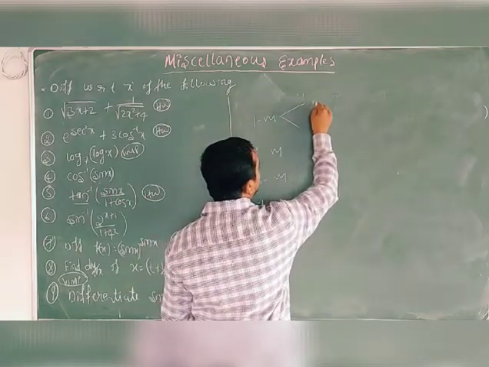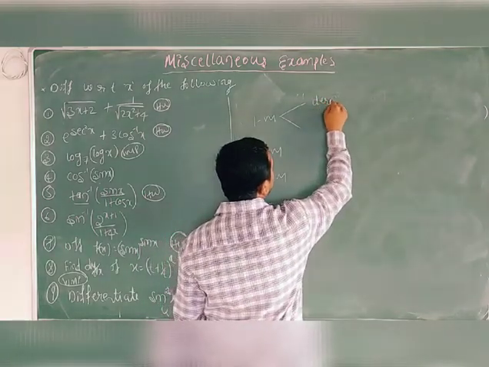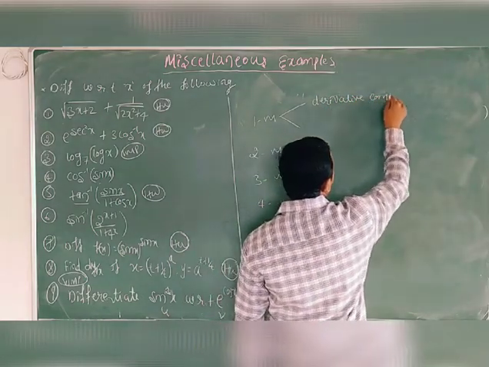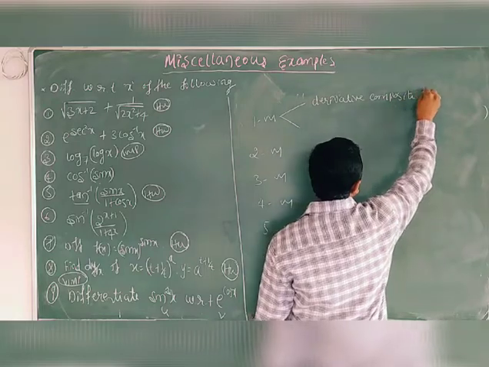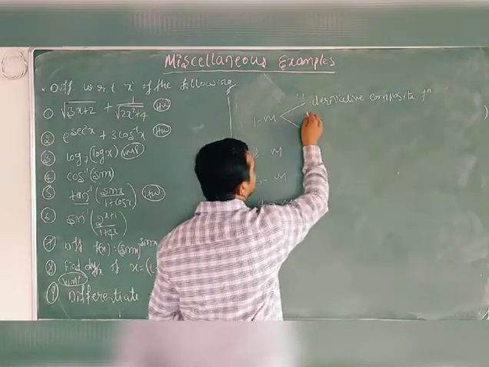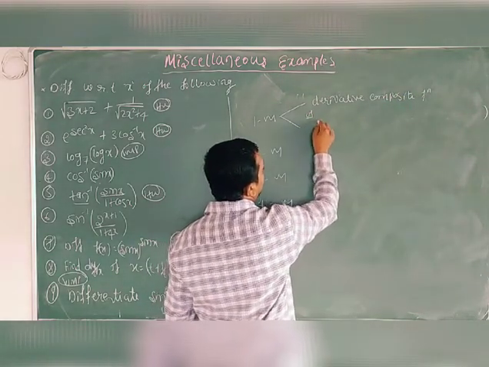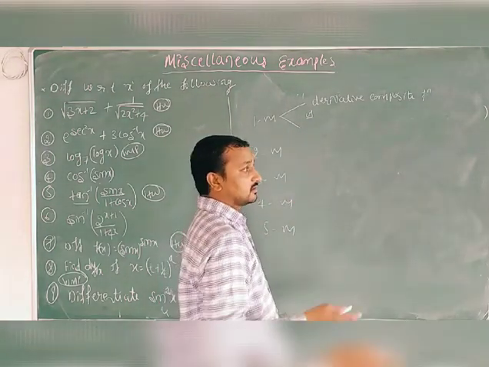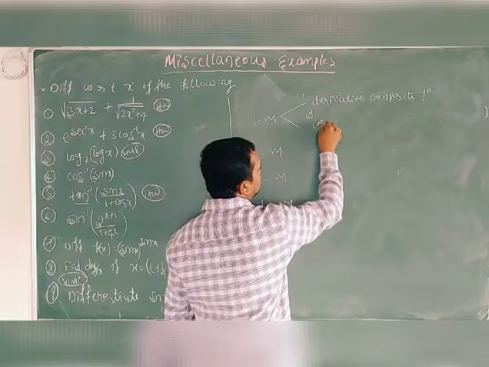For 1 mark, there are 2 concepts. One is derivative of composite function, and the other is logarithmic and exponential function.